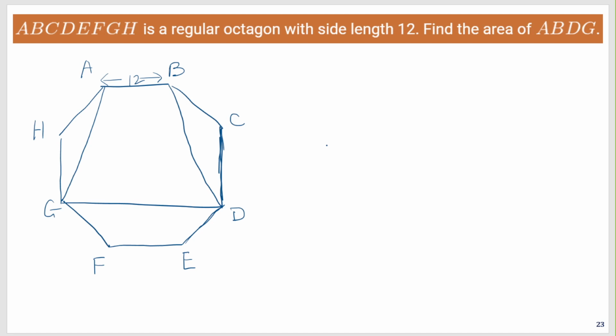Any ideas? Well, actually, ABDG is a trapezoid.